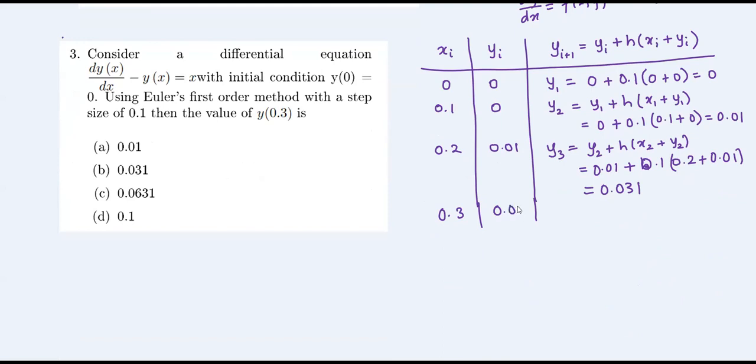So for x naught, we got, for x equal to 0, we got y equal to 0. For x equal to 0.1, we got y equal to 0. For x equal to 0.2, we got y is equal to 0.01. For x equal to 0.3, we got 0.031. So this is the answer. Okay.